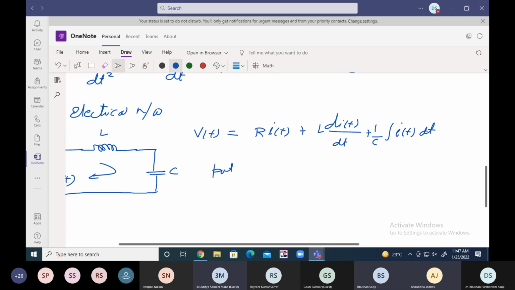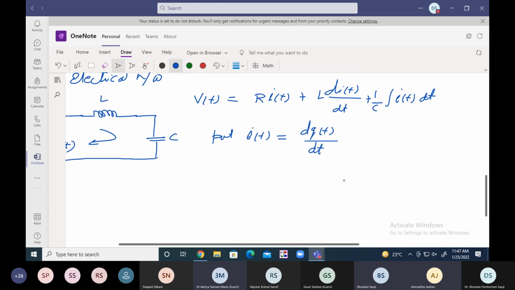Now put I of t. Current is nothing but the rate of change of charge, that is dq of t by dt. Rate of change of charge is nothing but the current.